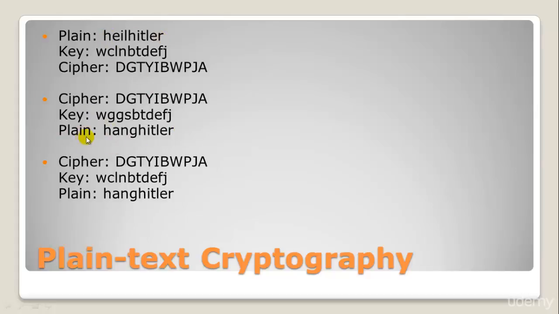That's Hail Hitler, and here it was Hang Hitler. But this is what the original message was. This was what the spy told, but it was manipulated because he used two different things, the key from over here and the cipher from over here, but the plain text was from over here. This is how you could manipulate different types of ciphertext.